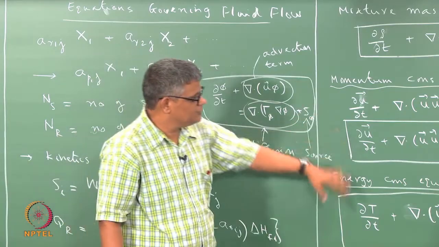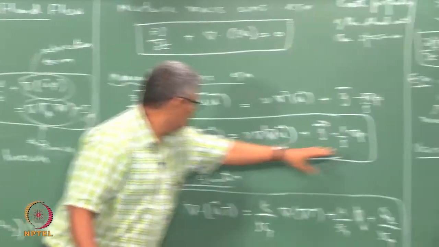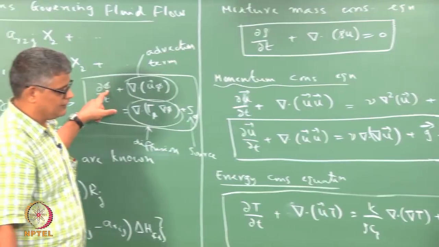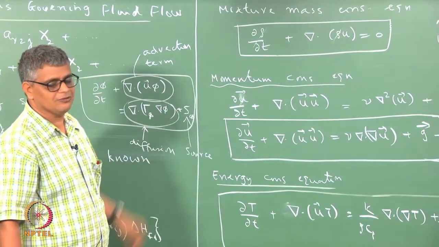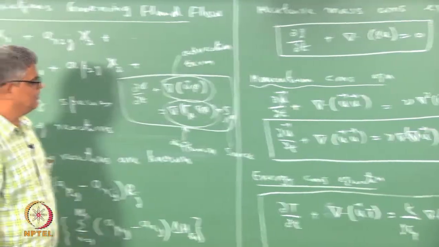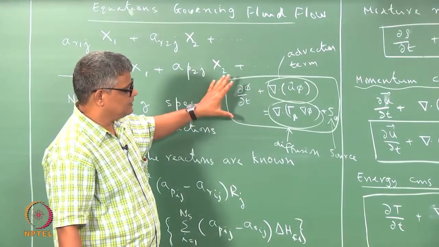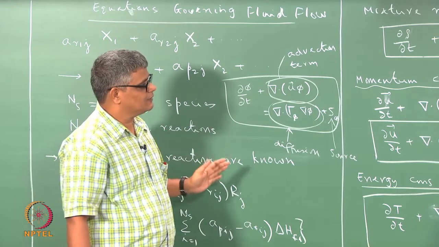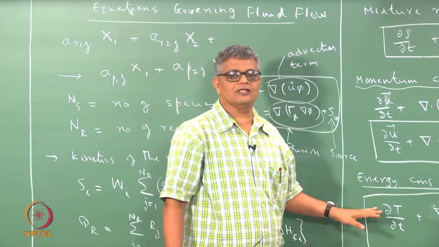Source terms can be different; they can be independent of the parameter phi that we are looking at, or in some cases they can also be functions of the parameter. We will be looking at the boundary conditions and the initial conditions that are required to complete the mathematical formulation of the problem.